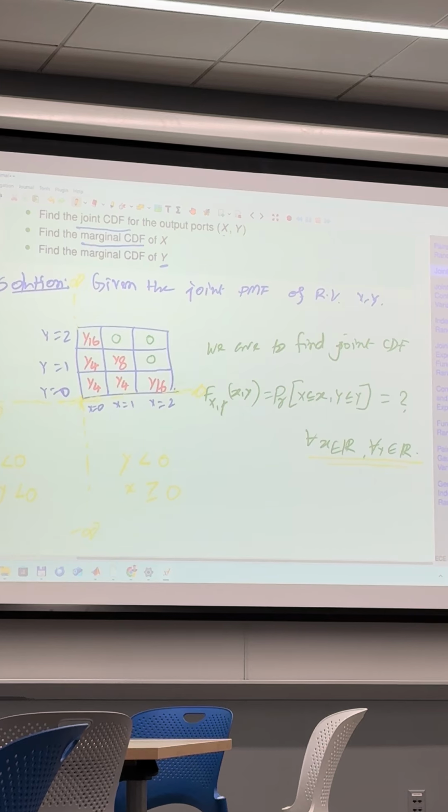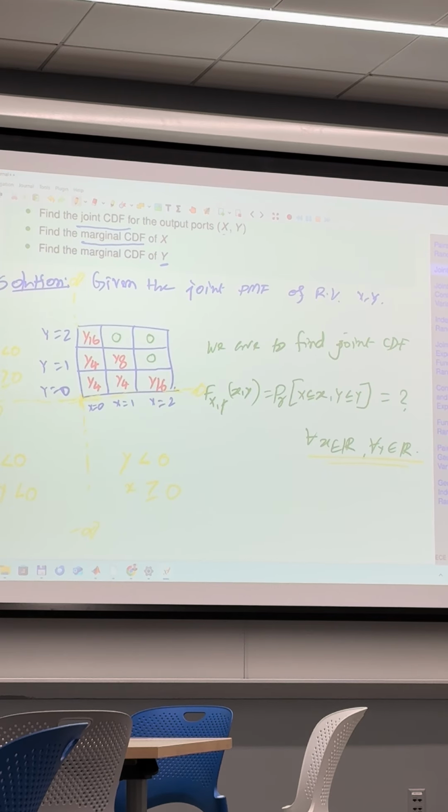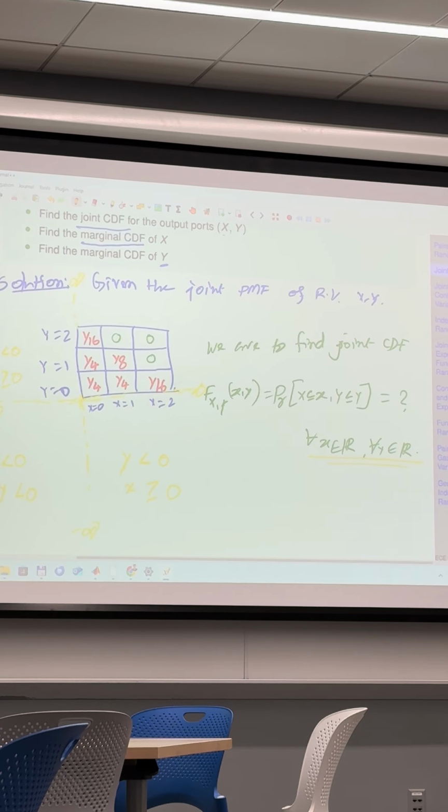And this region x less than 0, y greater than or equals 0. Let's use this color.